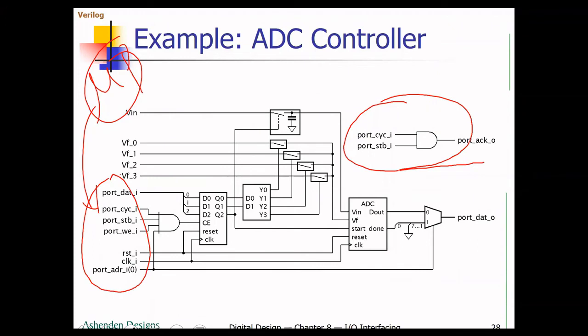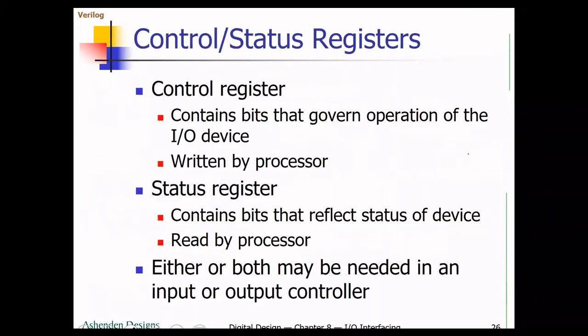Here the cycle and strobe signals tell us in what cycle things are happening, and strobe tells whether the operation is initiated from the processor or not. Then we add an acknowledgement output signal.